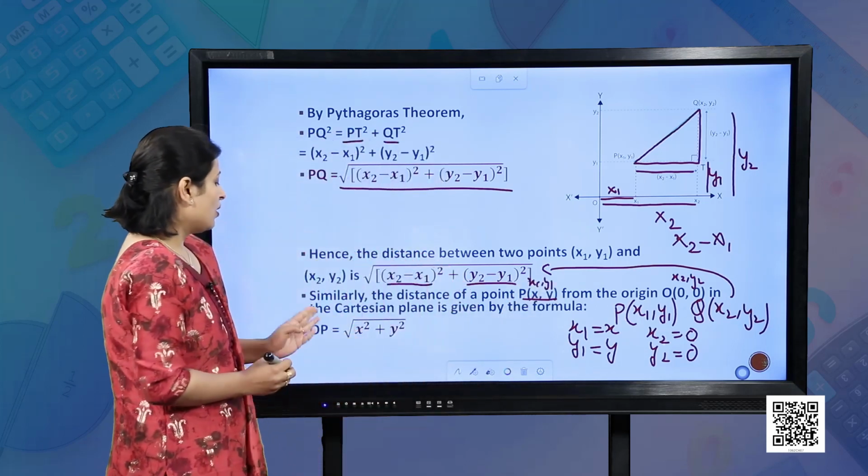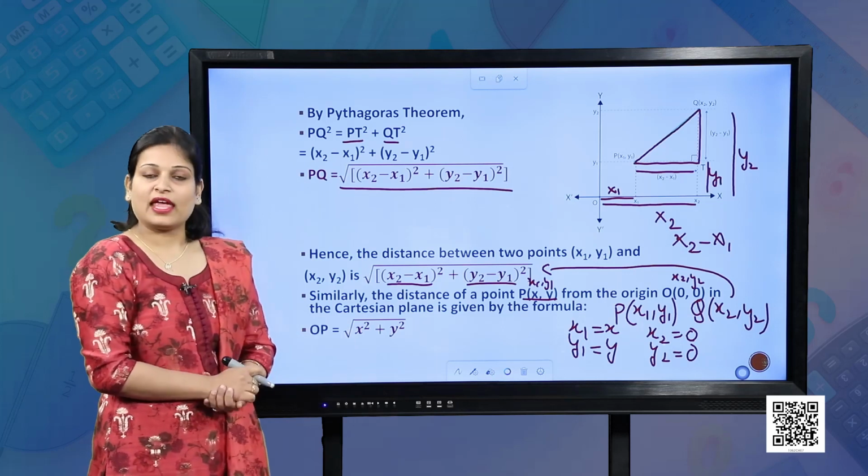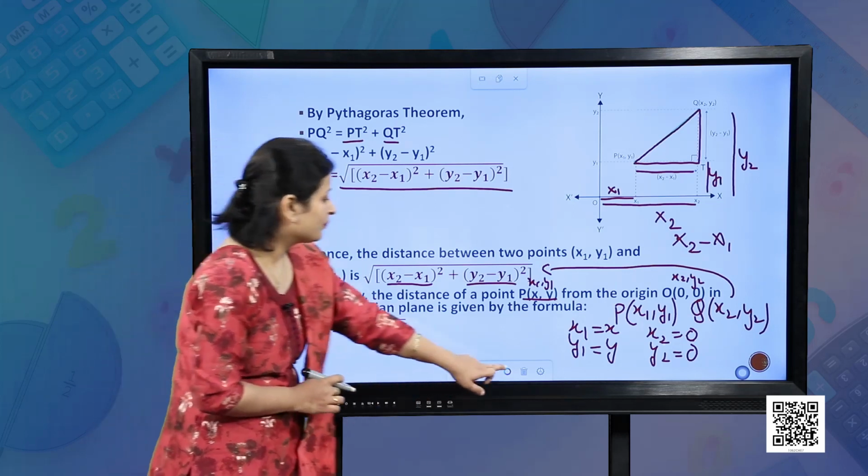So, you will get OP as square root of x square plus y square.